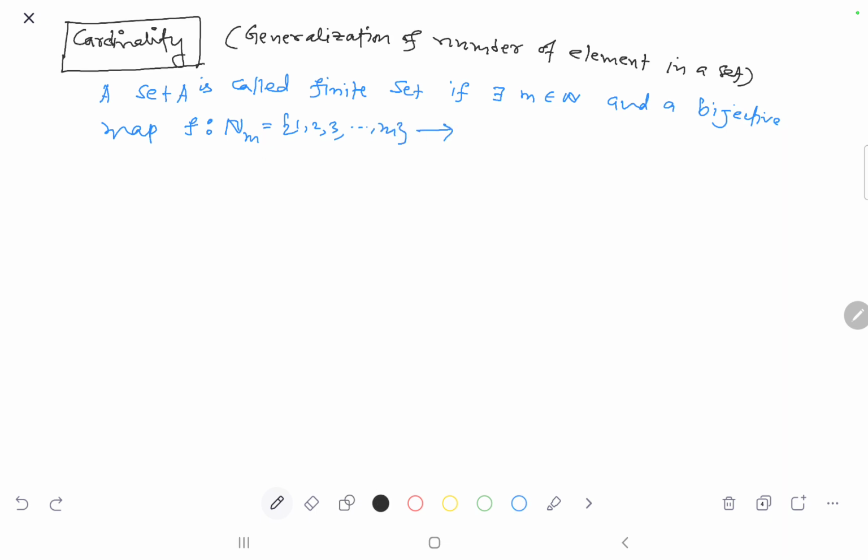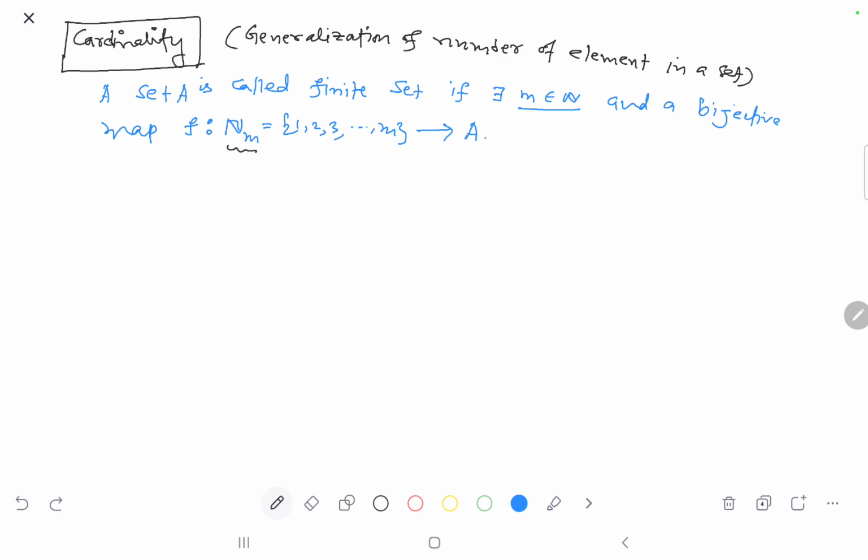So this N_m means all the numbers between 1 and m. So we call A a finite set if you can find some natural number m such that there is a bijective map from N_m to A.